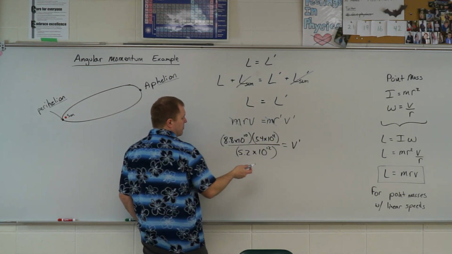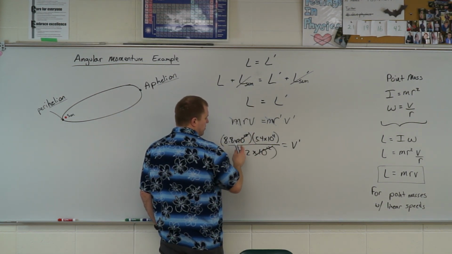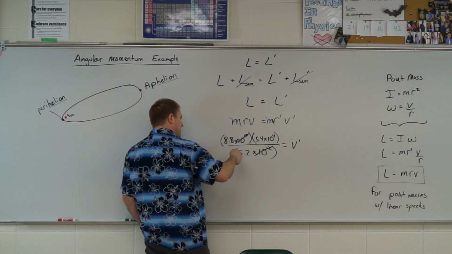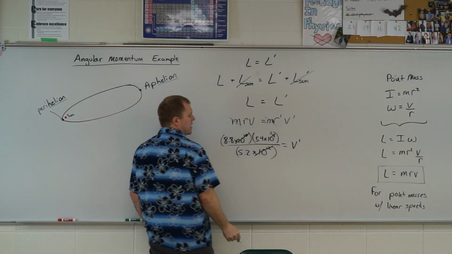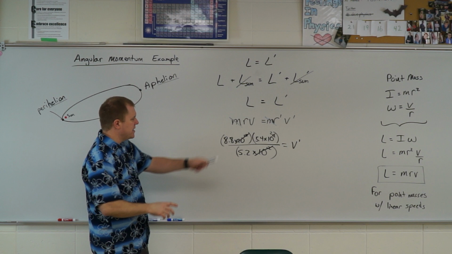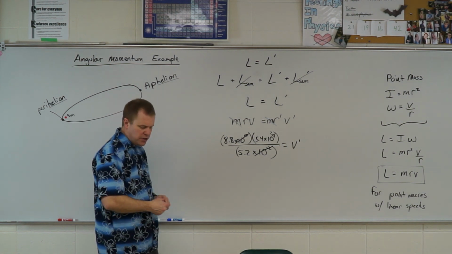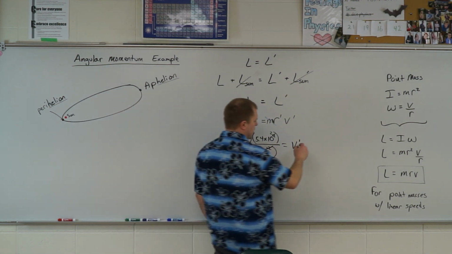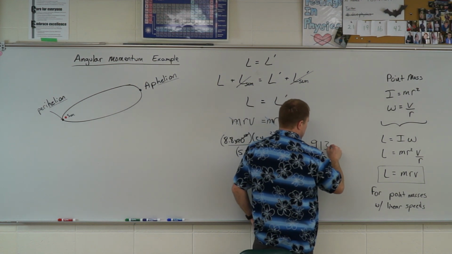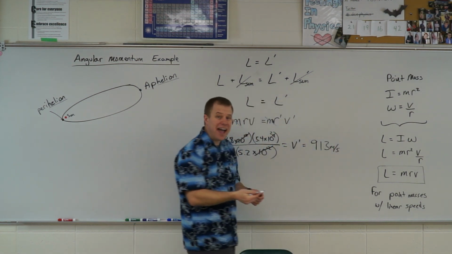We can do a little bit of work with these exponents: I have 10 to the 10th, I've got to get another 2, so 10 squared there, so 8.8 times 540 divided by 5.2 will give you 913 meters per second.